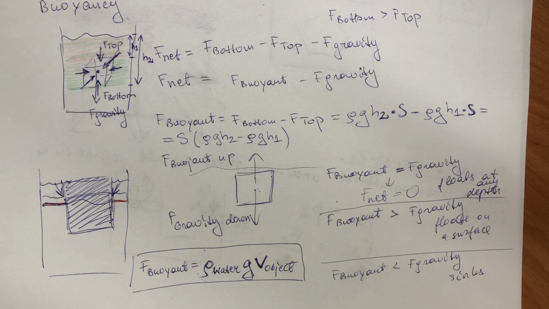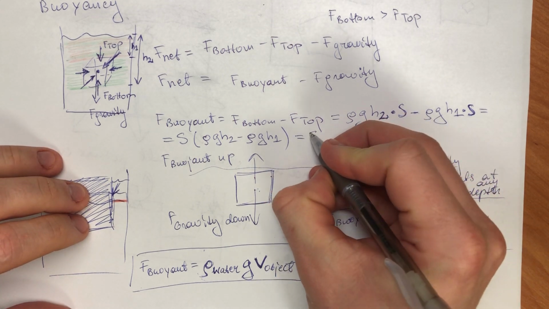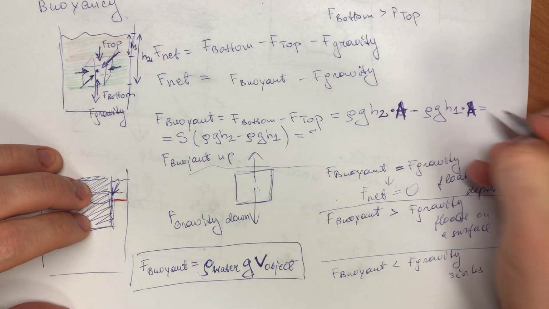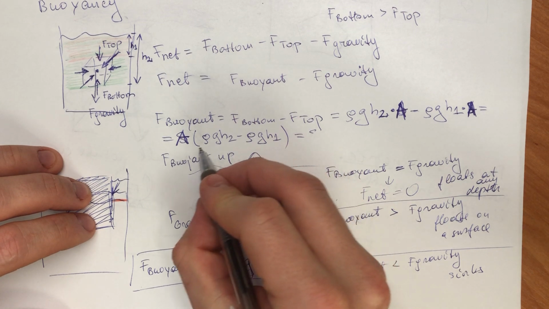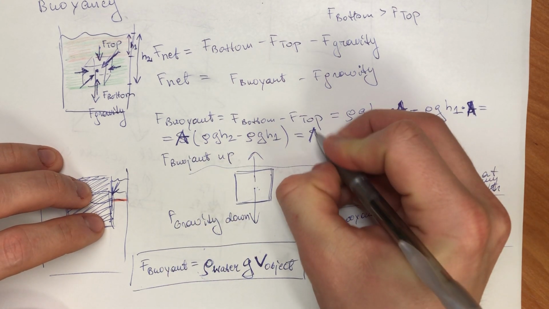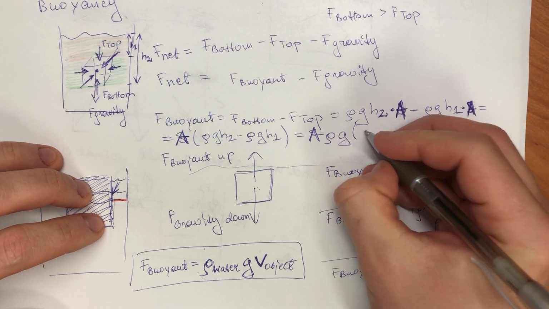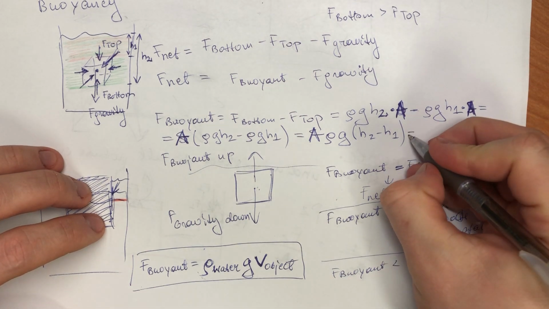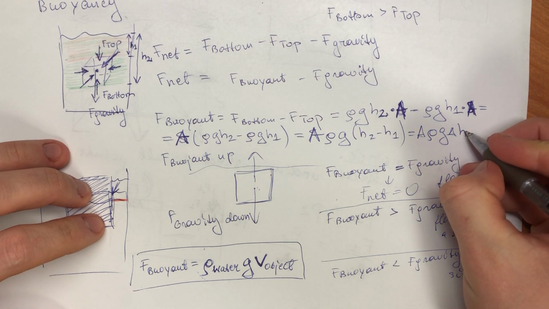Surface area here has to be capital A for you; in Lithuanian it would be S. So it is A. Rho and g may go out of the brackets, so A rho g, and here would be H2 minus H1, and it would be A rho g delta H.